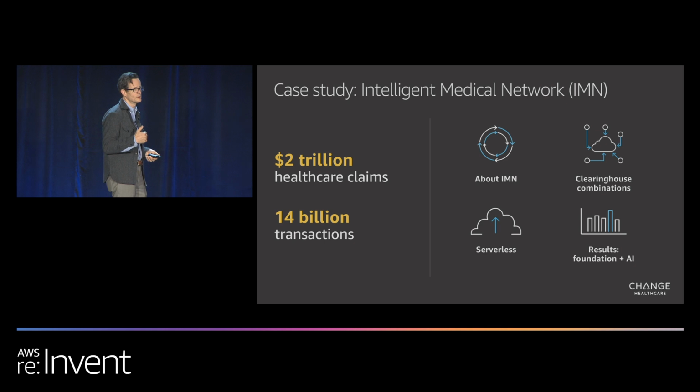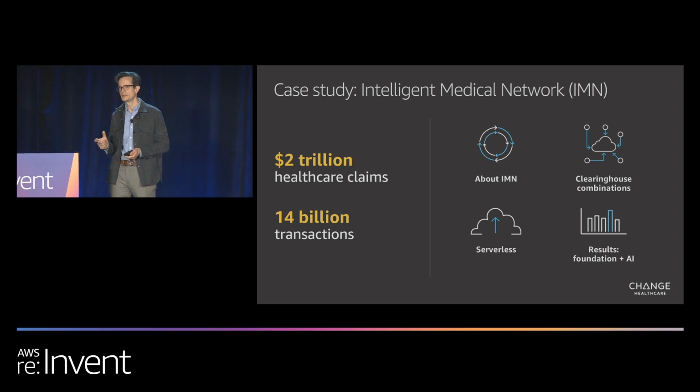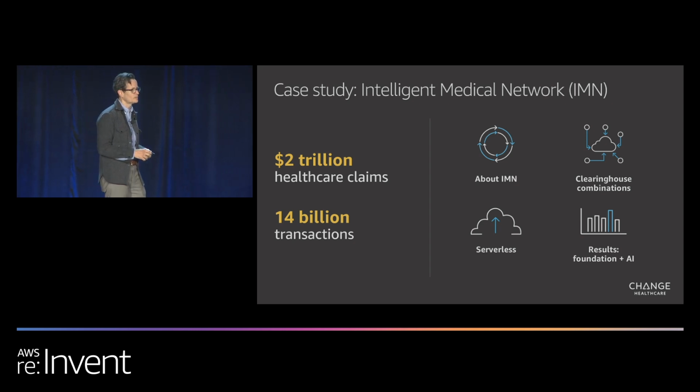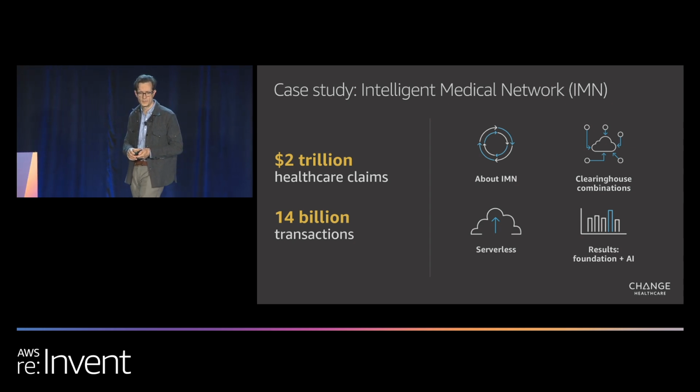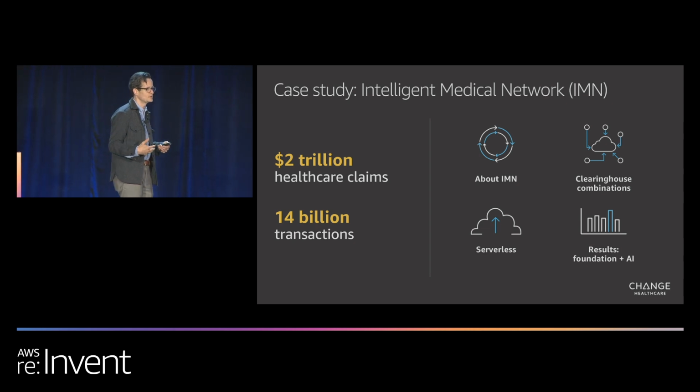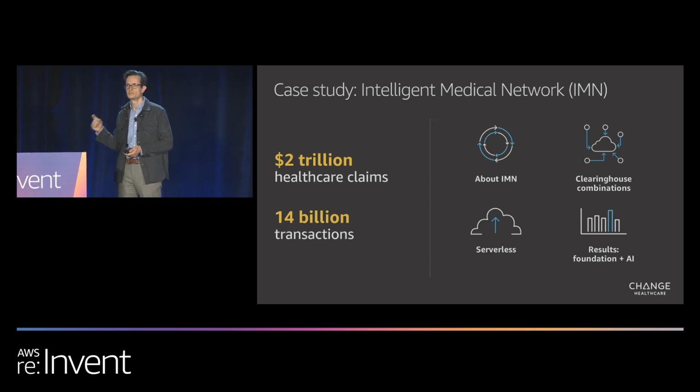So again, similar scale problems and similar approaches to technology, using services that allow us to scale up and scale down very quickly, using storage very intelligently, making sure that S3 is our primary storage mechanism, that we're not putting a ton of data into low latency storage that's really expensive to operate, and being very thoughtful about how we observe the network that we're running, because when you're running 14 billion transactions, even if your error rate's very, very low, the actual volume of error is very, very high.